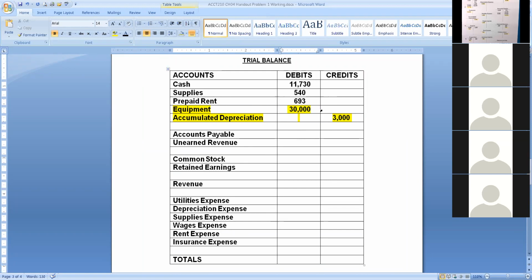So this equipment really isn't worth 30,000. It's 30,000 minus 3,000. Okay, accounts payable, 14,076.